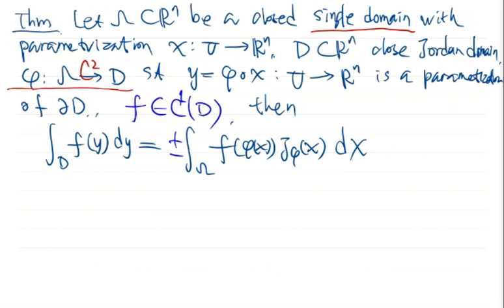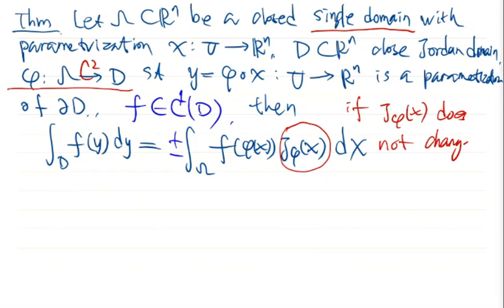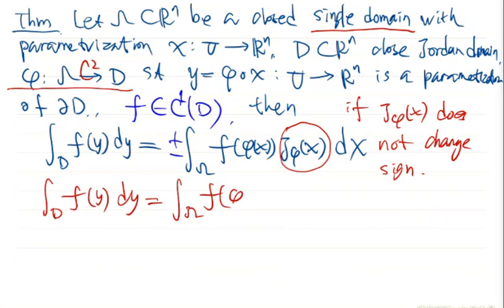If the Jacobian determinant does not change sign in omega, then this formula can be written in the usual form.